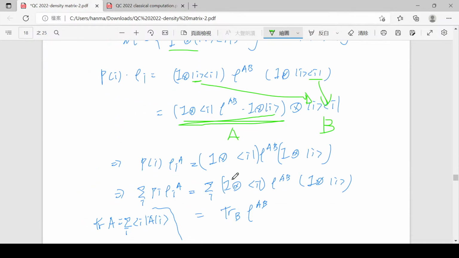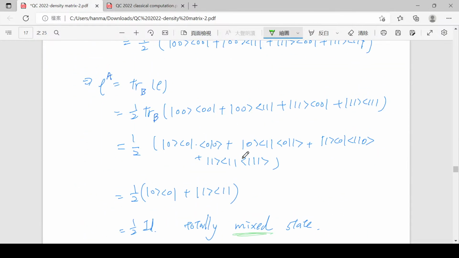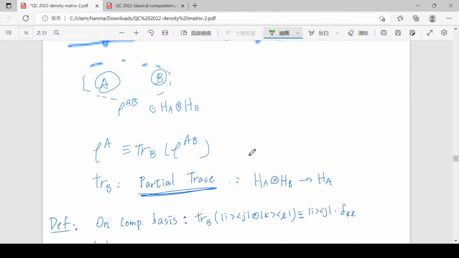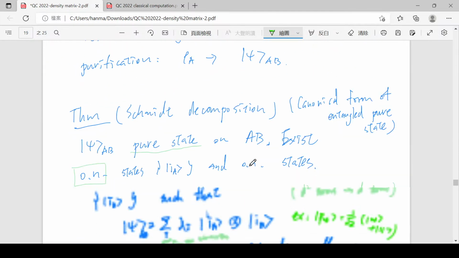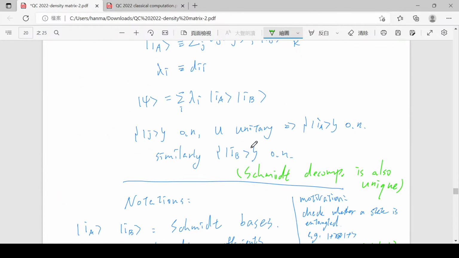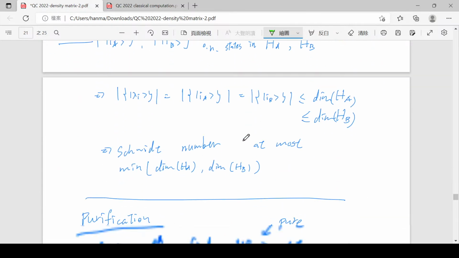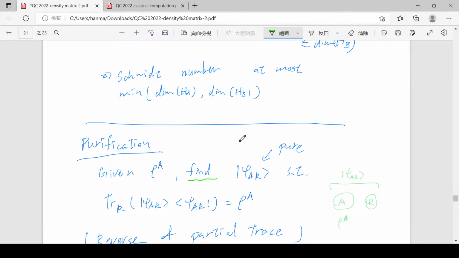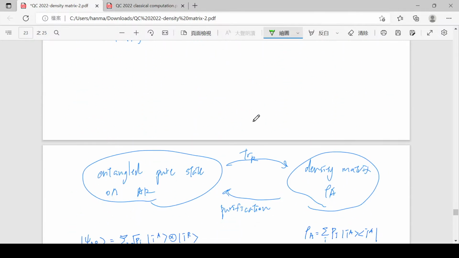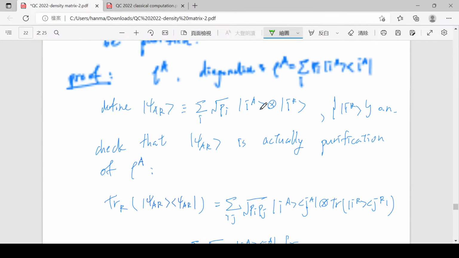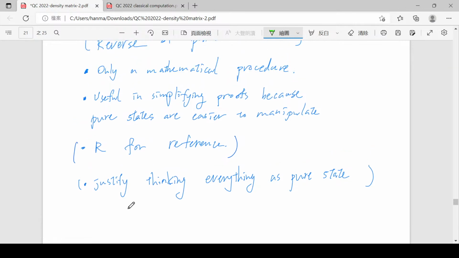So that's something to remember. Partial trace is a many-to-one mapping, and when you do the reverse, there are many solutions to the inverse of this many-to-one mapping, but just having one of them is pretty cool.